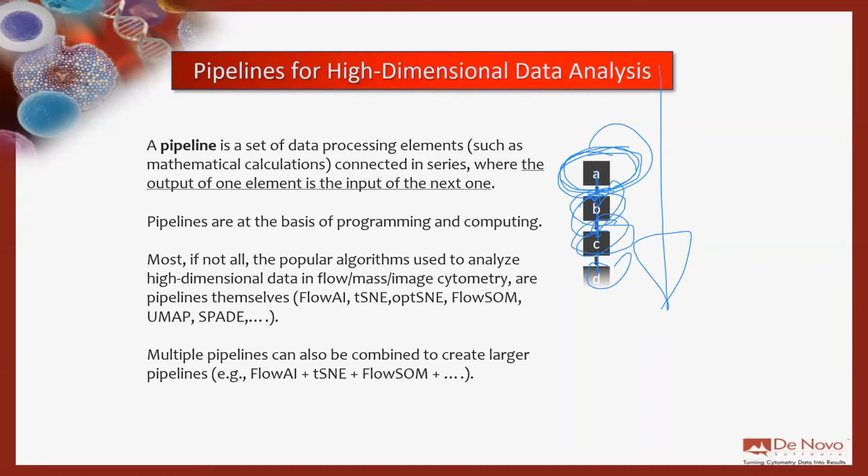Now, as I said, pipelines are very popular in the mathematical and statistical field. So popular algorithms like SPADE and FlowSOM and t-SNE are pipelines themselves, but in standard software, not in FCS Express, but in other software, they are run as standalone algorithms. So in other software, you can run t-SNE, or you can run FlowSOM, or you can run UMAP, and so on.